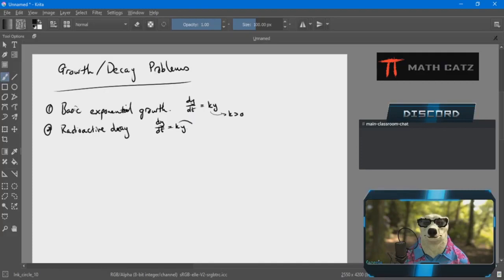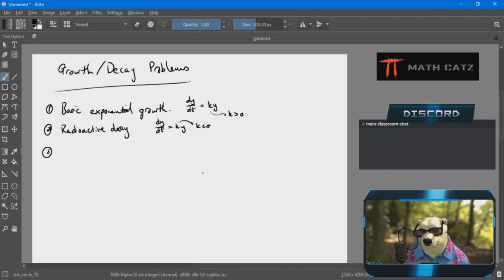Positive growth constant, K negative decay constant, but the rate of change was still proportional to the amount. Population size, amount left, it had the same look and therefore the same solution process and the same function that we had to analyze to answer our word problems.